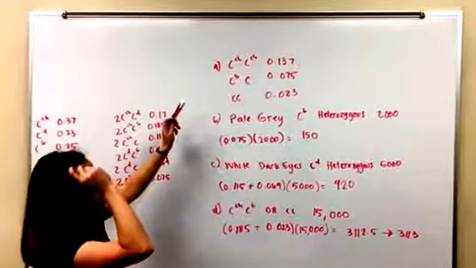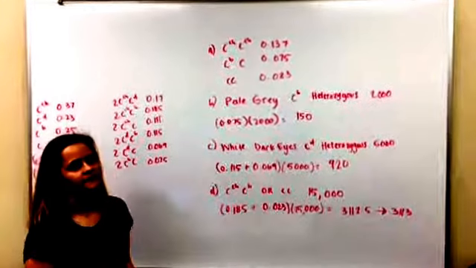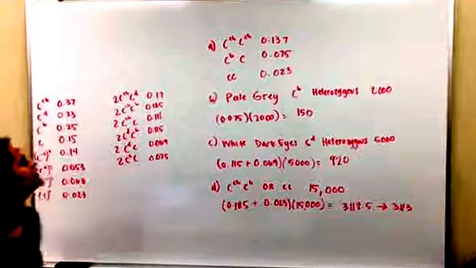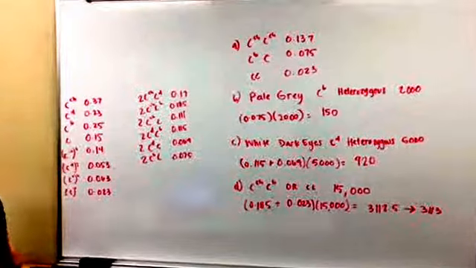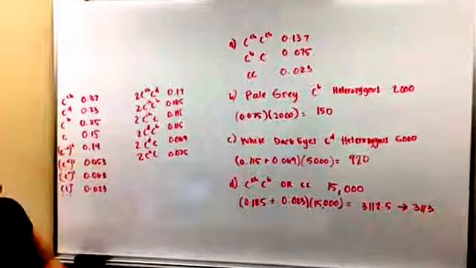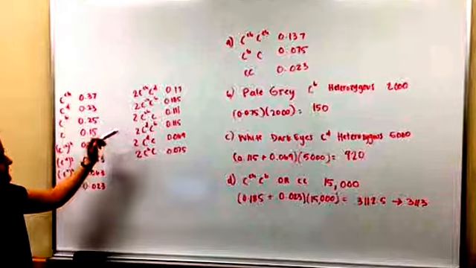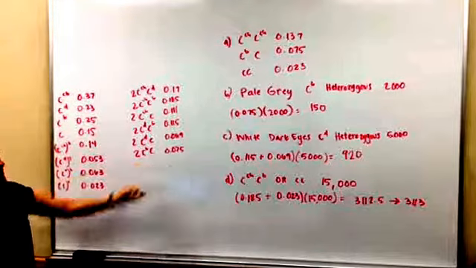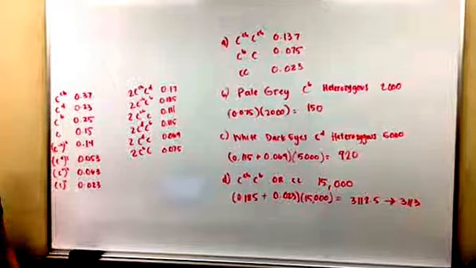And so for question A, we're looking for the frequency of C, C^H, and C^CH. We can come over here and find that value there. For C^B, we can come here and find that frequency here. And for the CC, we can come here and find that one there.